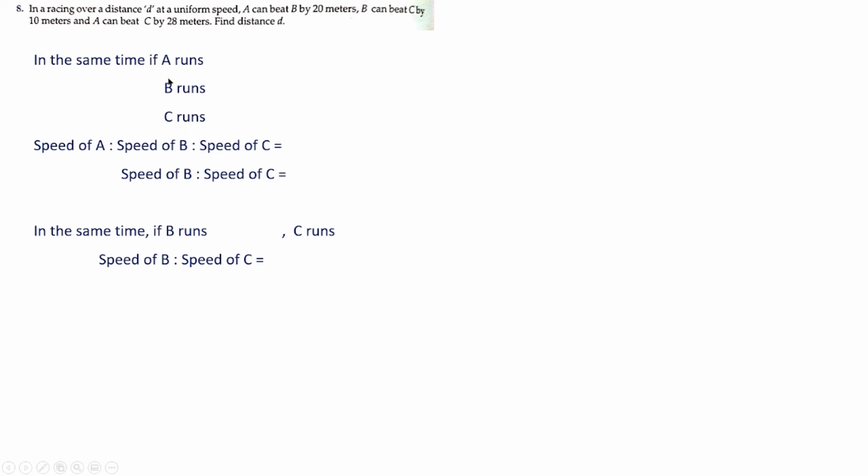So in the same time, if A runs D meters, then B runs D minus 20 meters and C runs D minus 28 meters. So this is the distance which A, B and C can run at the same time. So from this, speed of A is to speed of B is to speed of C is given by D is to D minus 20 is to D minus 28.